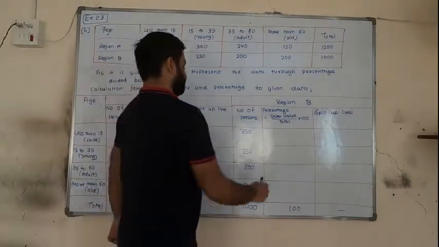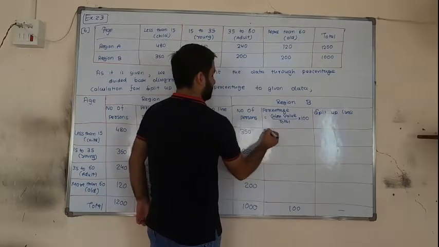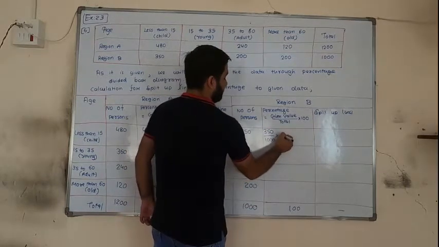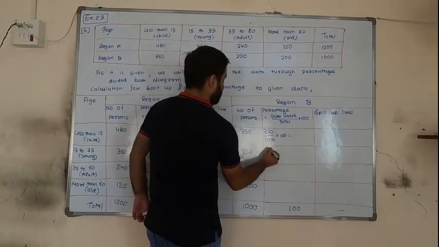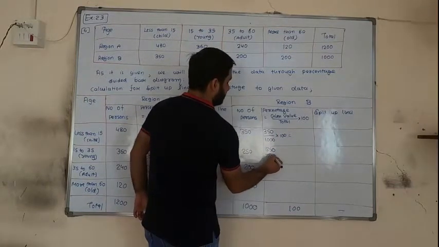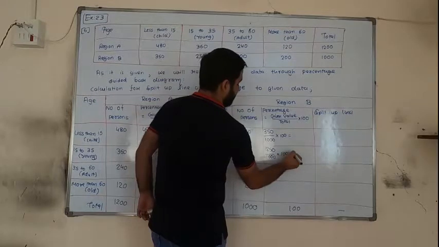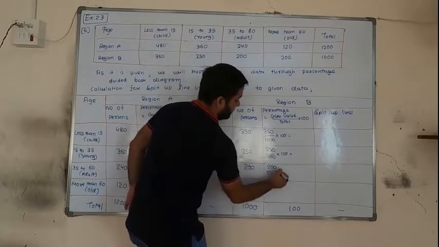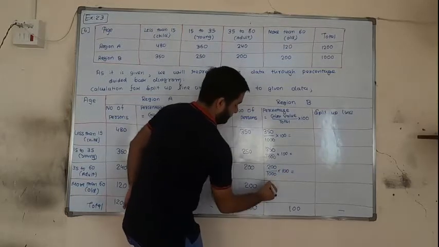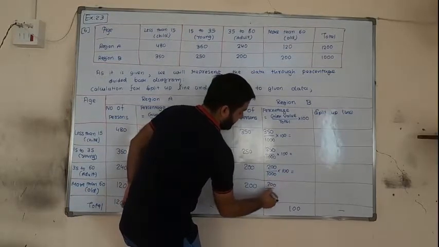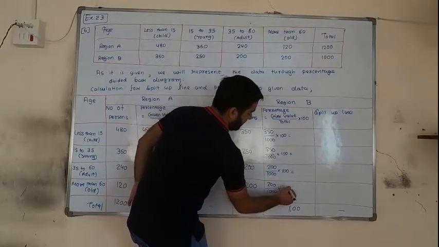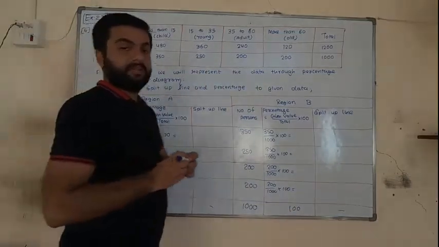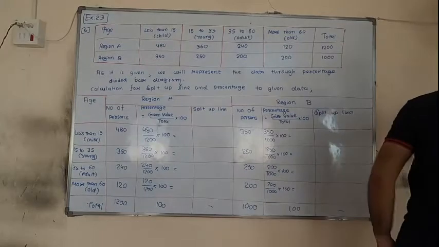After that here also 350, here total is 1000, multiply 100, 250 divided by 1000, multiply 100, 200 divided by 1000, multiply 100, 200 divided by 1000, multiply 100. Now I am calculating each percentage using our calculators.